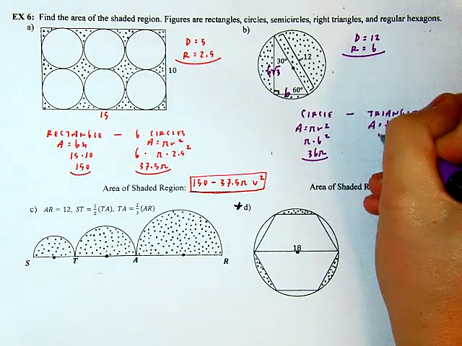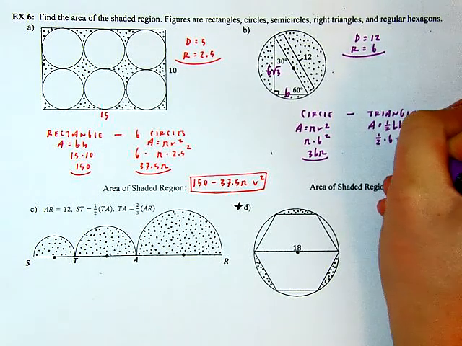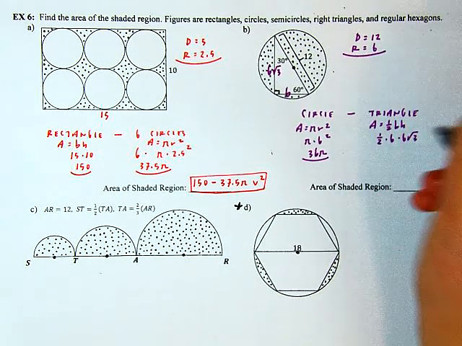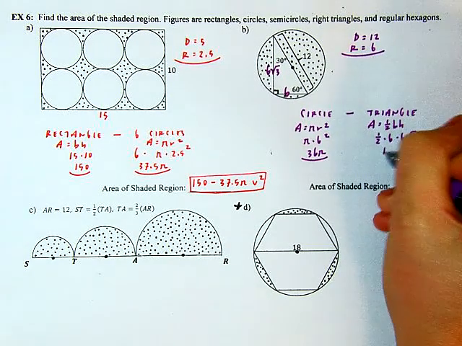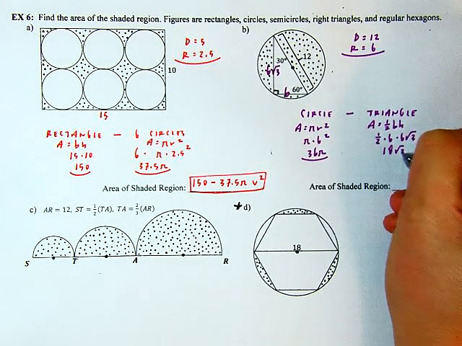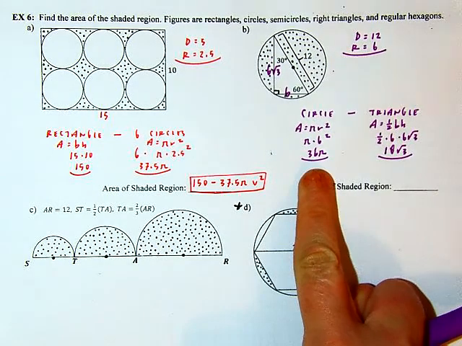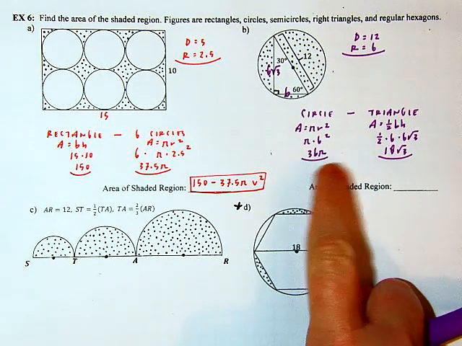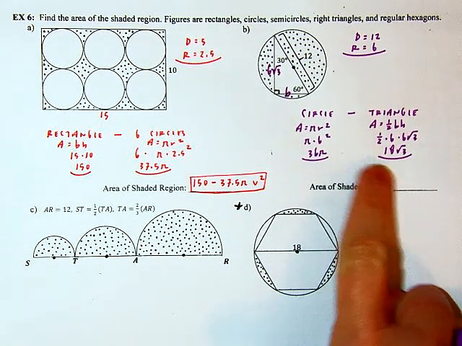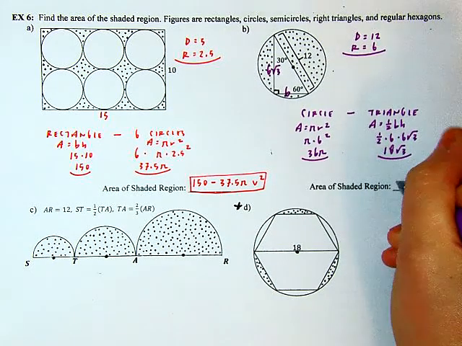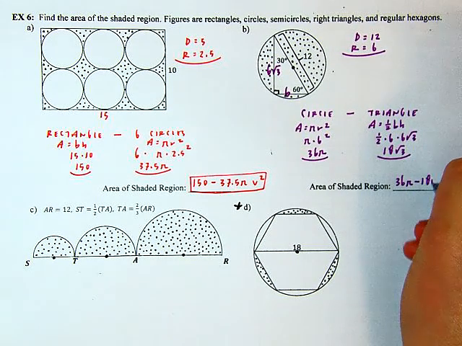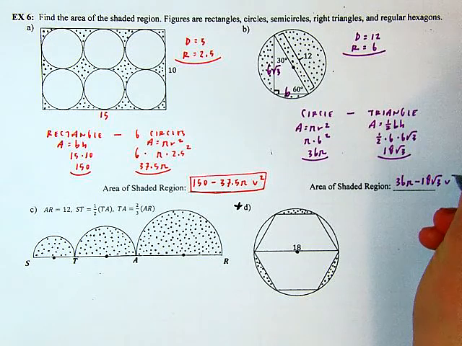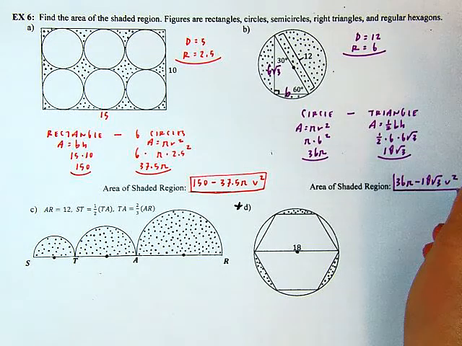So I'm going to take half of 6 times 6 root 3. Half of 6 is 3 times the other 6, and I have 18 root 3. So now my circle, 36 pi, take away 18 root 3. They're not like terms. They do not simplify. So 36 pi minus 18 root 3, and then my units are squared.